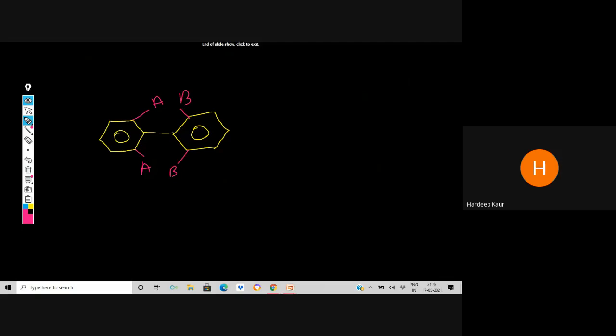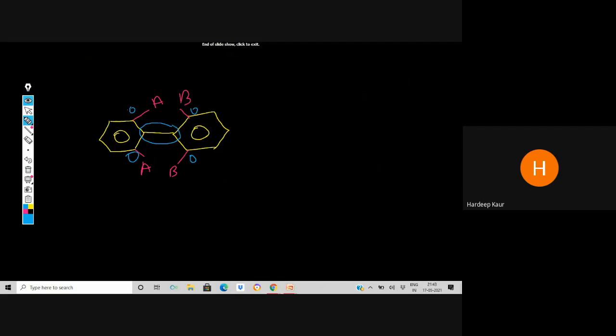Now, how can rotation around this biphenyl be restricted? If we have some substituent present, like I have shown with pink color, then only it can show this. At which position should the substituents be? At the ortho positions. If all the ortho positions are occupied by bulky substituents, then only the rotation about this carbon-carbon single bond is restricted.